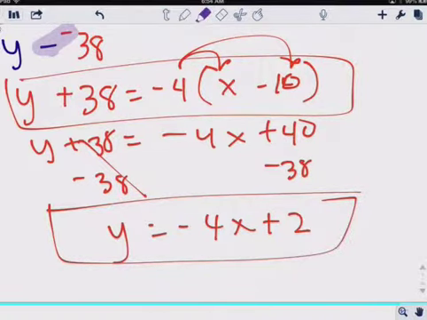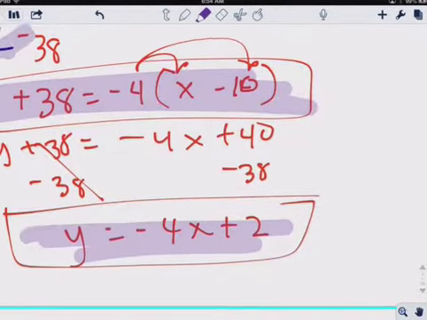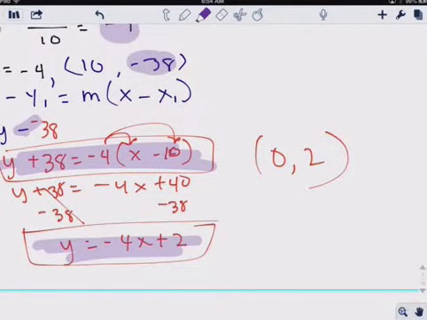This is point slope, and this is slope intercept. Remember that, please. Important to know your vocabulary here. So, y-intercept is 0, 2. Y-intercept, all of you know, is right here, 0, 2.